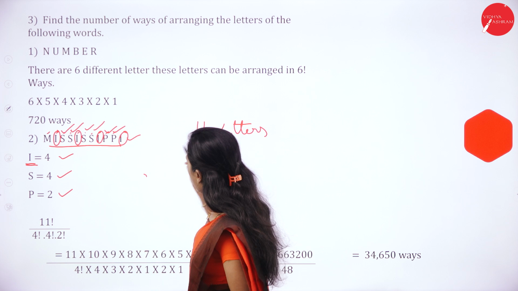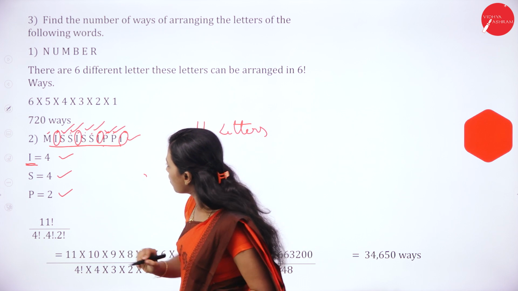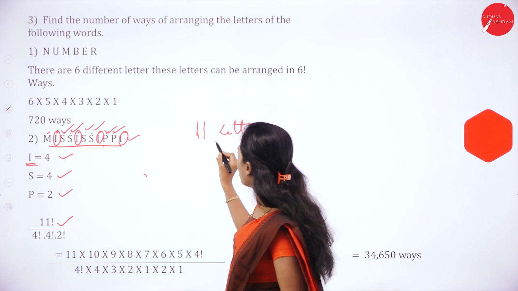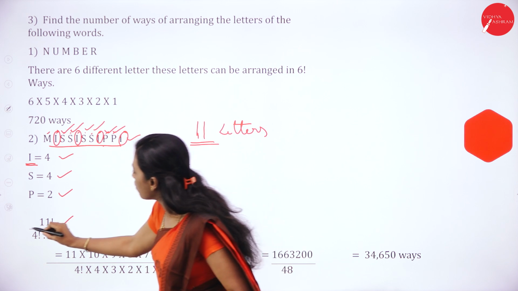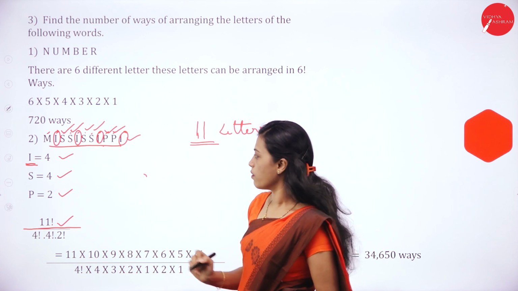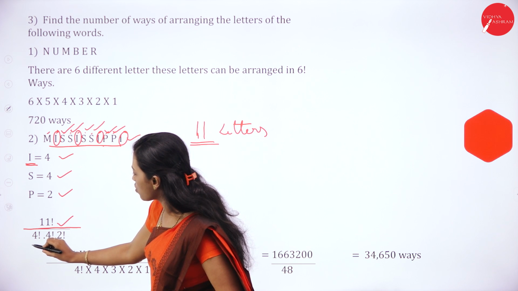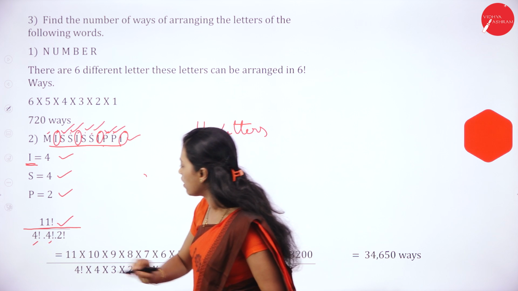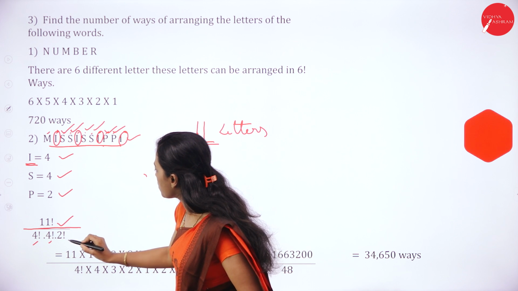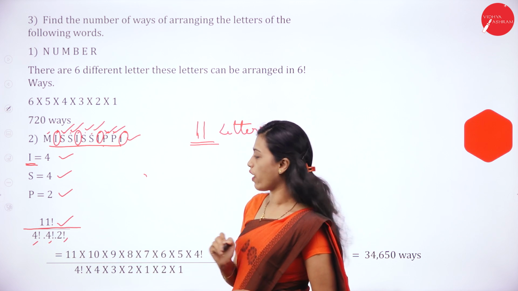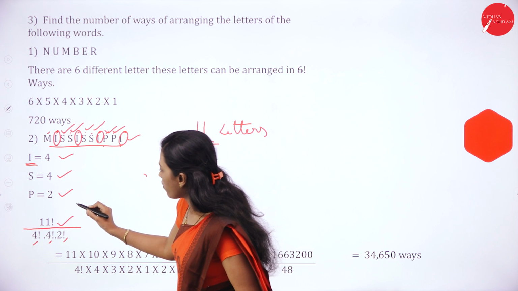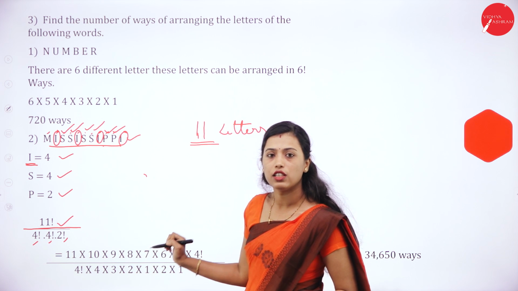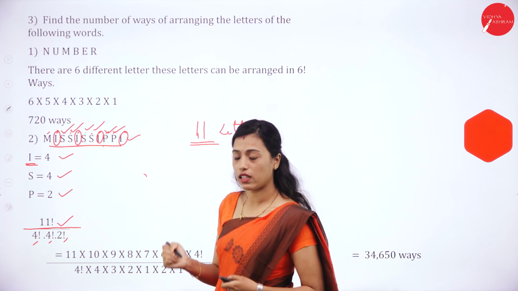So we can arrange these letters in factorial 11 ways, because there are totally 11 letters, divided by I repeats for 4 times, so 4 factorial. S repeats for 4 times, so 4 factorial. P repeats for 2 times, so 2 factorial. 11 factorial divided by 4 factorial into 4 factorial into 2 factorial.